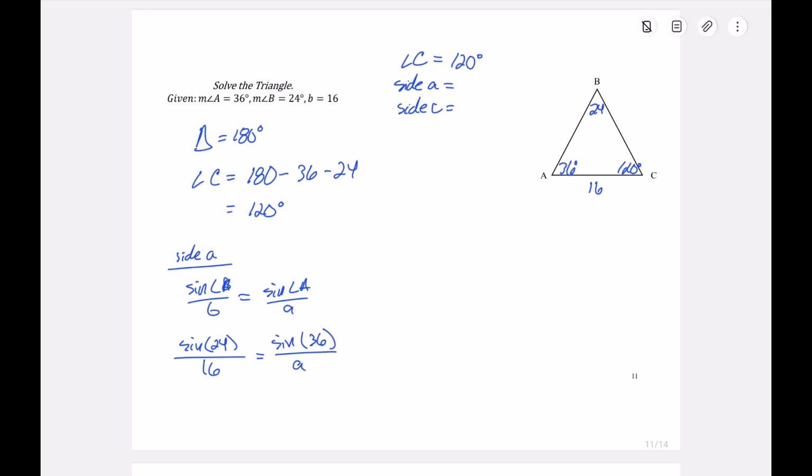If we cross multiply, we get A times sine of 24 is equal to 16 times sine of 36. If we divide by sine of 24, we get that A is equal to 16 times sine of 36 all over sine of 24. When we plug that into our calculator, we get approximately 23.1.